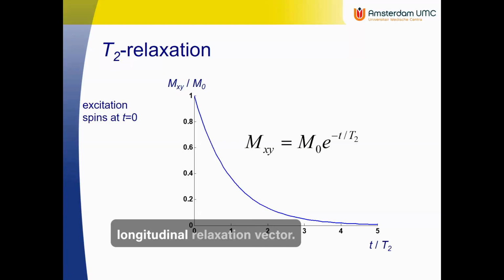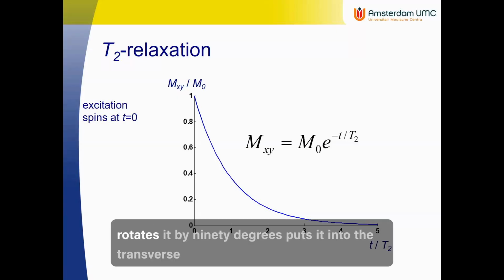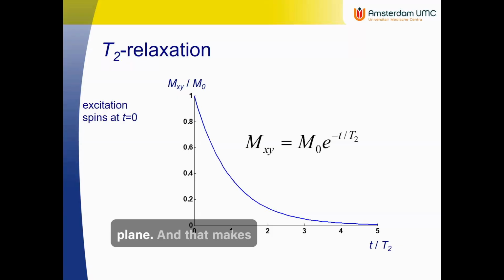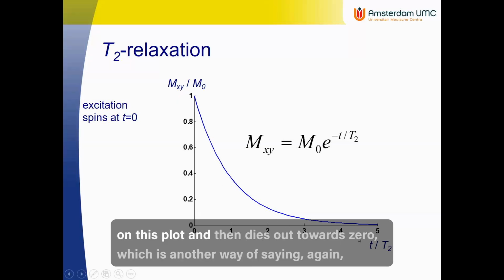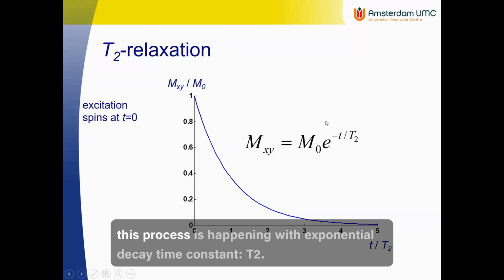The excitation pulse rotates it 90 degrees and puts it into the transverse plane, and then it decays towards 0. Again, this process has an exponential time constant.